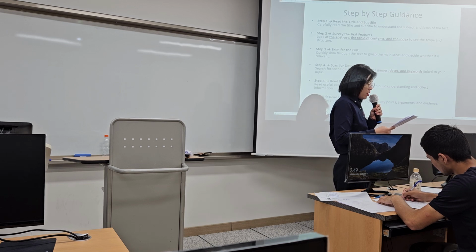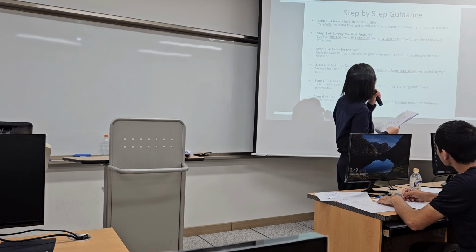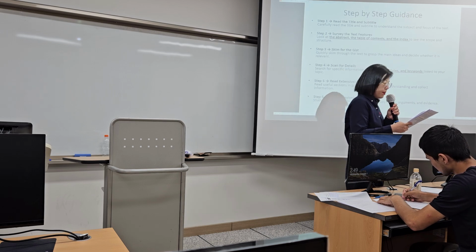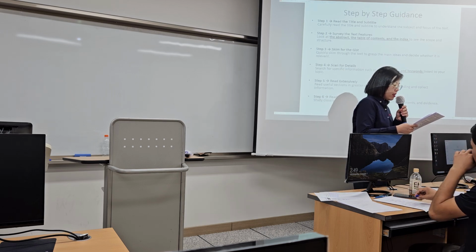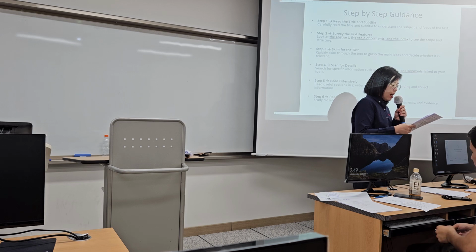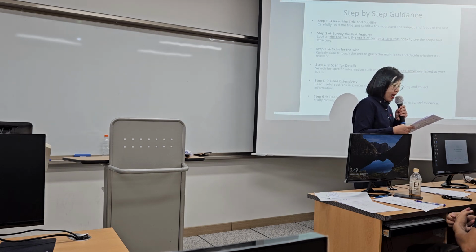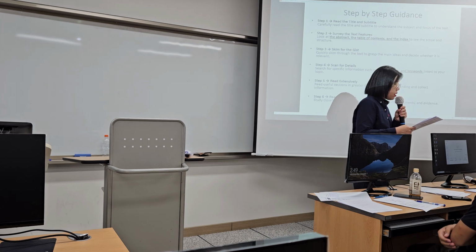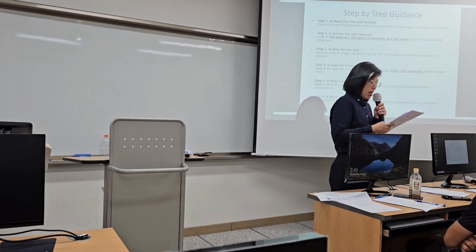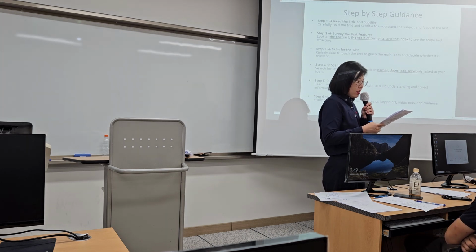To decide what you need to read, right? So you have to pay attention to names, dates, and keywords. And afterwards, you read extensively for the useful sections. And the last one? You have to read intensively to know the key points and make notes, right?